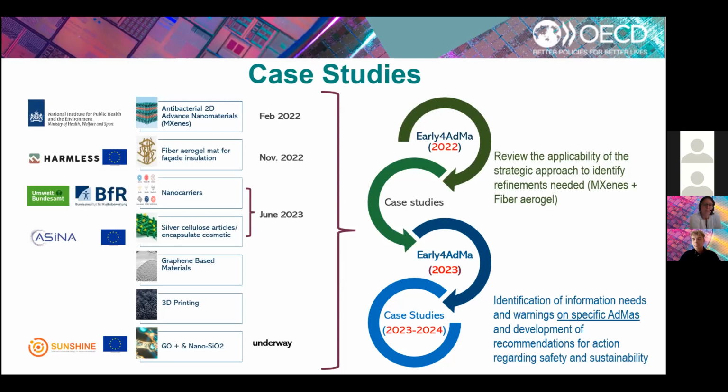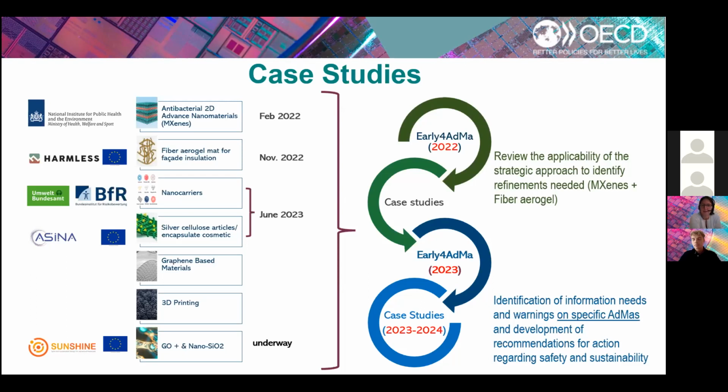So in 2022, there were 2 cases, the MXscenes, but also the fiber aerogel mats for facade insulation by the Harmless project. And those 2 cases were the main cases that were used to improve the former version of the Early4AdMa system.